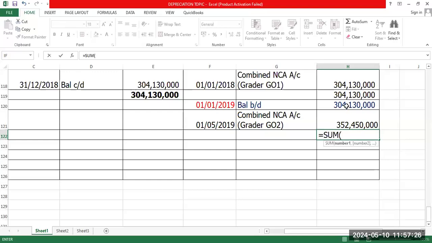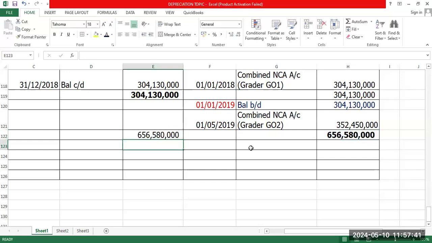Just sum up the values for 2019. Then get the total. I don't know whether you are getting this total. Kindly repeat. Don't follow what I'm just writing here.